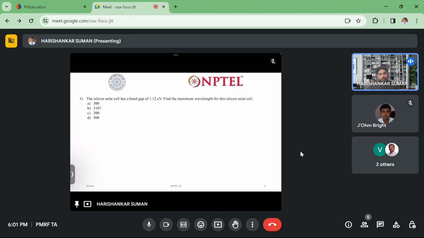So this is the first question of today. Please solve this question. The silicon solar cell has a band gap of 1.12 electron volt. Find the maximum wavelength for this silicon solar cell. Maximum wavelength is the one at which the material can absorb the light. Beyond this wavelength, the material doesn't absorb the light or incident photons.